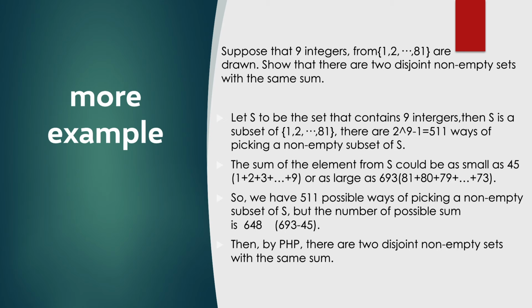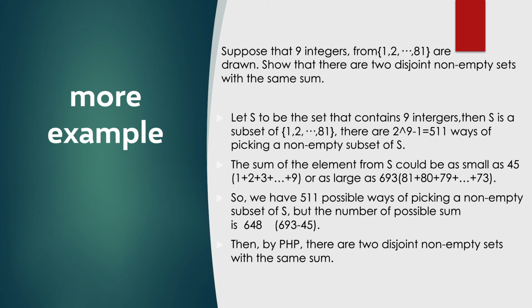So, we have 511 possible ways of picking a non-empty subset of S. But the number of possible sums is 648, which is way more than the 511 possible ways. Then, by the Pigeonhole principle, we know that there are two disjoint non-empty subsets with the same sum.